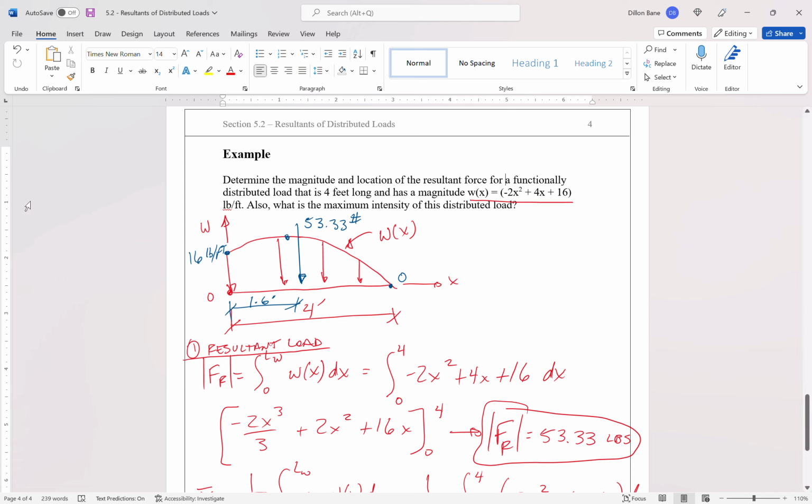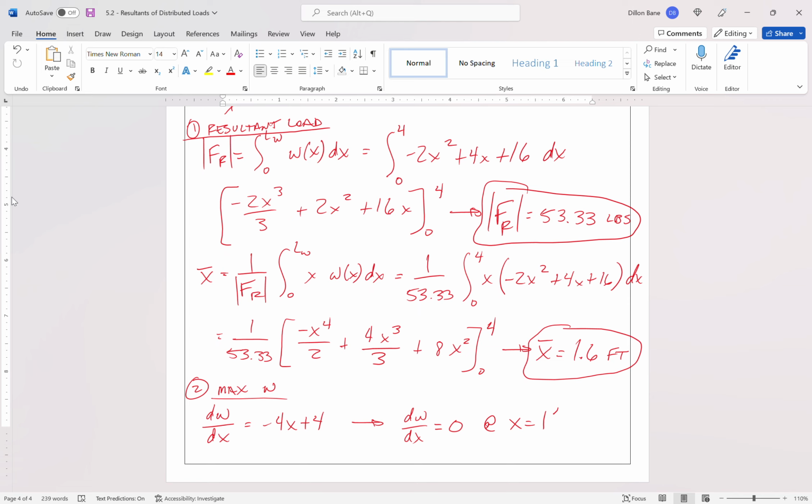But that doesn't tell me what the maximum W is. All we have to do now is plug in that 1 foot back into W of x to figure out what that maximum function is. So you just put in W of 1. So we get negative 2 times 1 squared plus 4 times 1 plus 16.